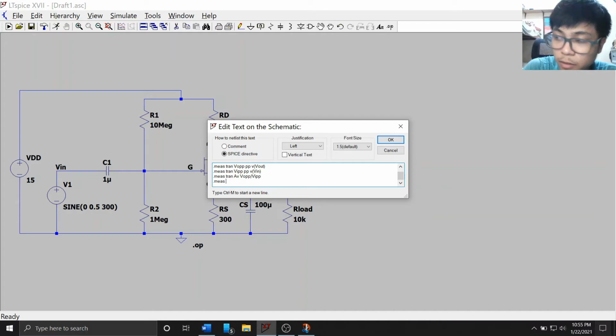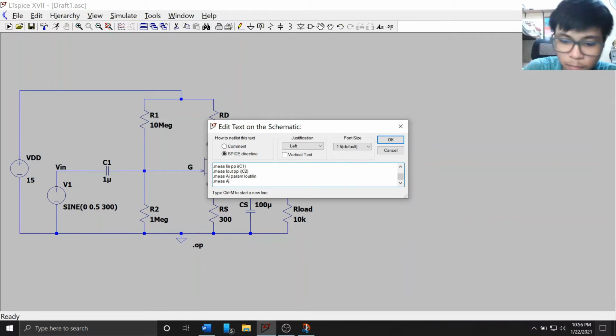So we have here the input current peak-to-peak, which is across resistor 1, the output current peak-to-peak, which is across capacitor 2, and the current gain, which is equal to the output current all over the input current.